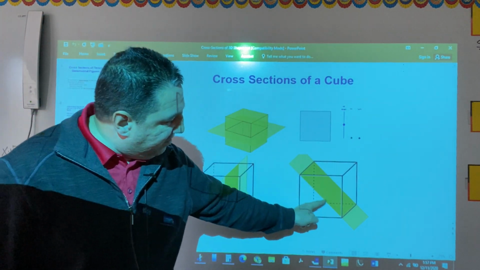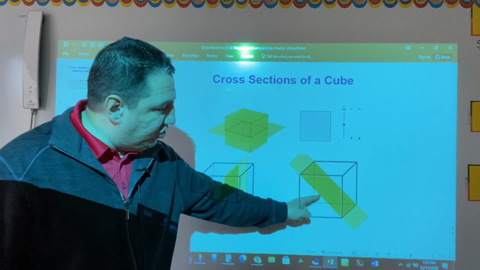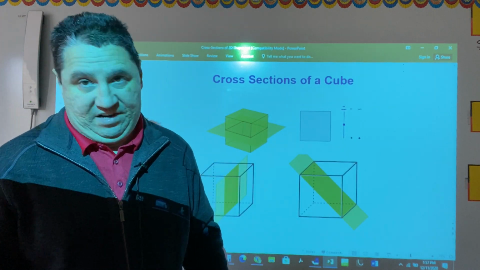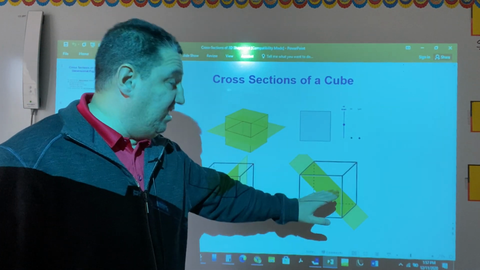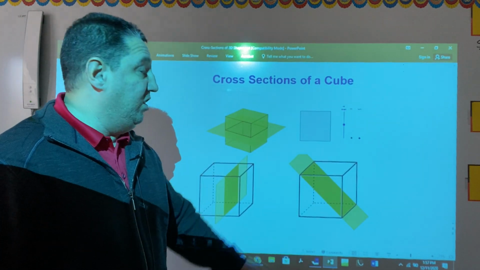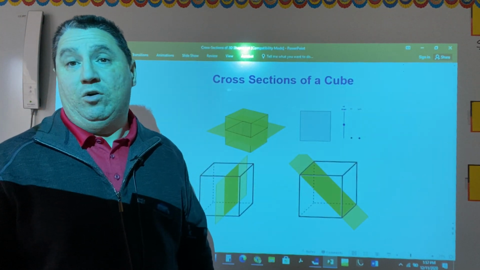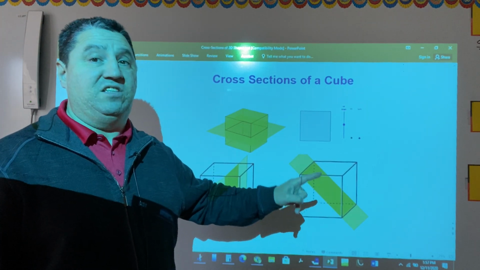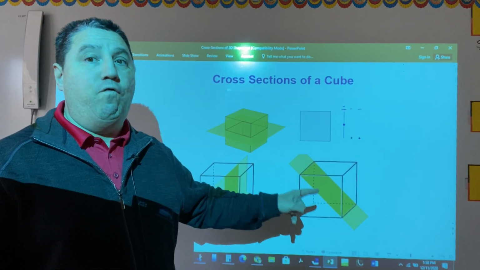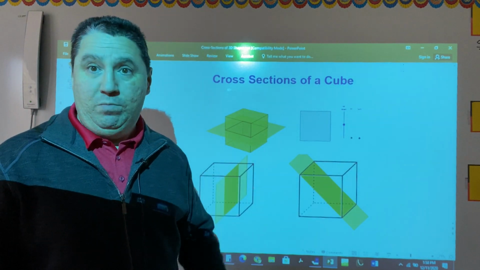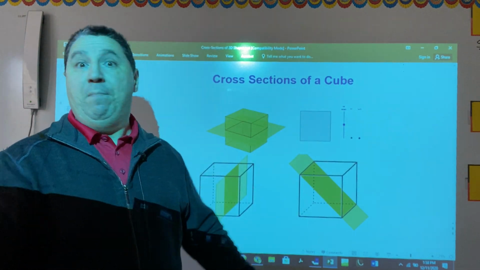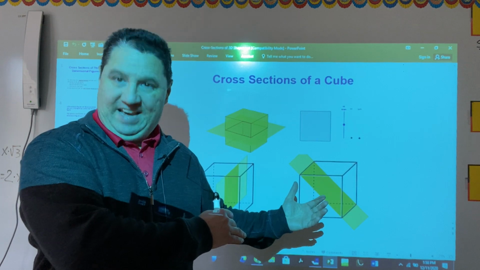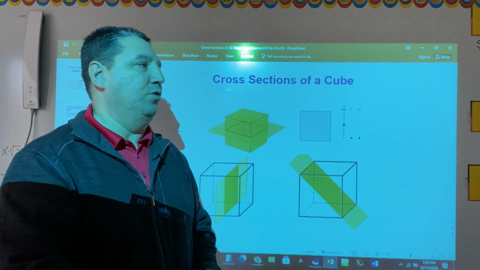As we can see, the resulting cross section would be a rectangle. And this is not the only shape we may have. As I said, the maximum number of sides of a cross section for a cube is 6. So we may have even a hexagon. Good.